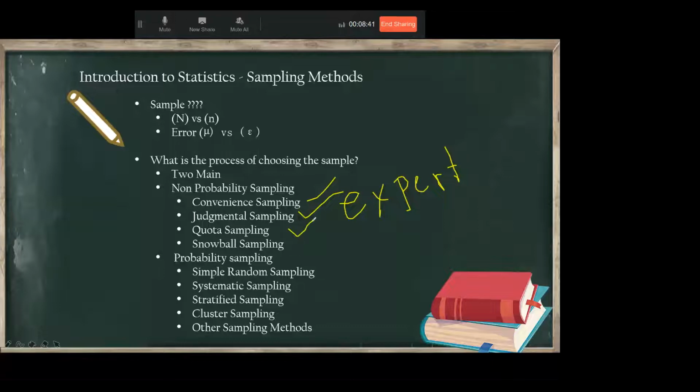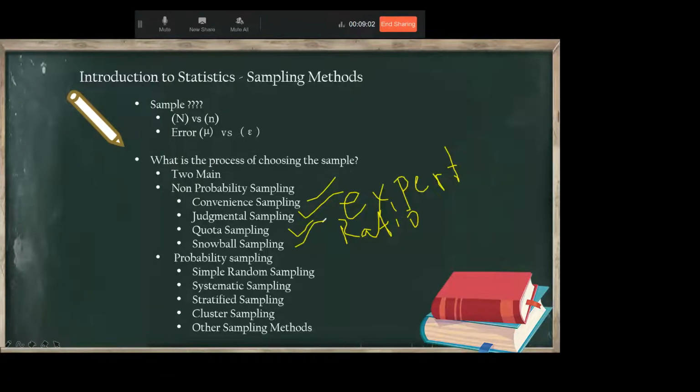Quota sampling is where we define the ratio before collecting the data, that this much percentage we collect from this side and that much percent from that side. So we make a ratio or share before sampling the population for the sample n.